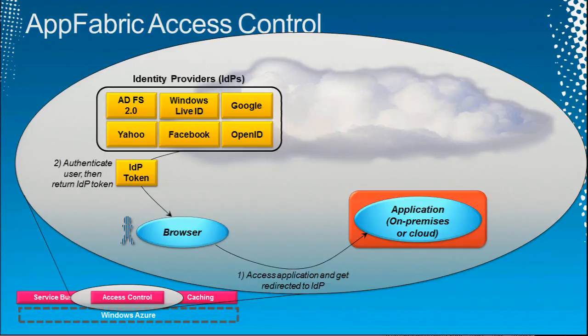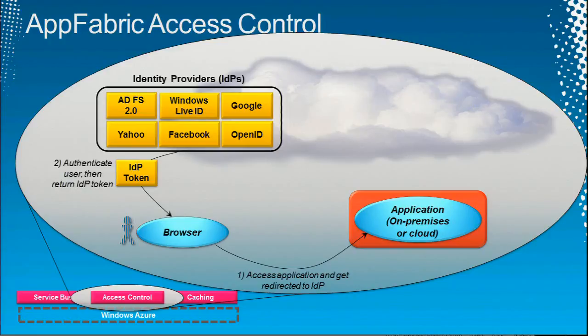It is entirely possible that the user via the browser can submit that IDP token to the app. And if the app accepts only, let's say, Facebook logins, that's straightforward. But more and more, apps want to accept multiple IDPs. Apps want to make it easy for users to use them.